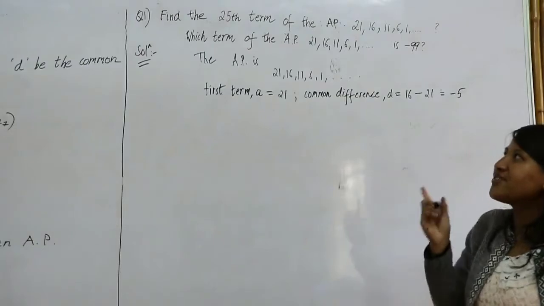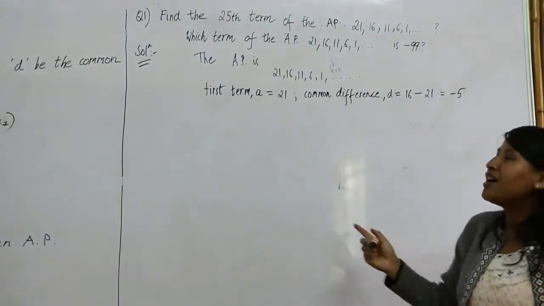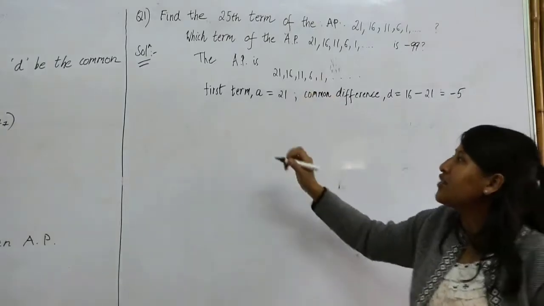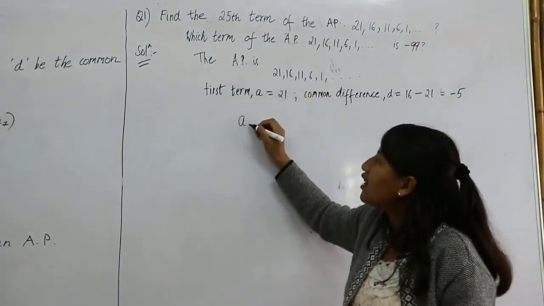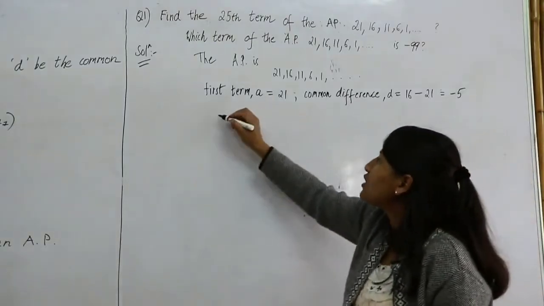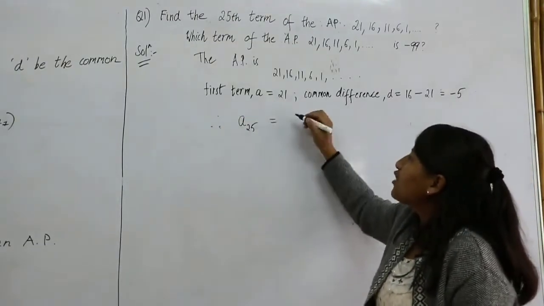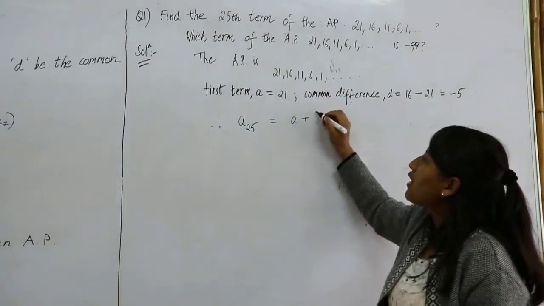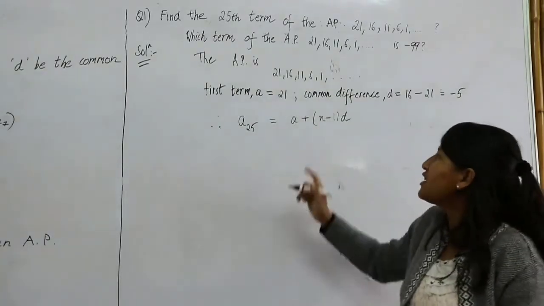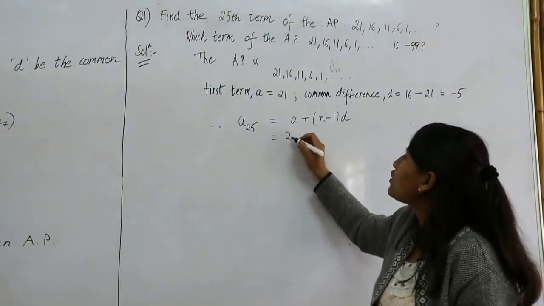The question is, find the 25th term. Remember, first term, second term, third term. So when they say 25th term, it means A25. Therefore A25 is what? We use the formula A plus N minus 1 D. What is A? It is 21.